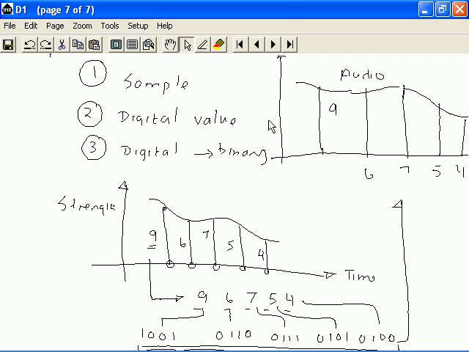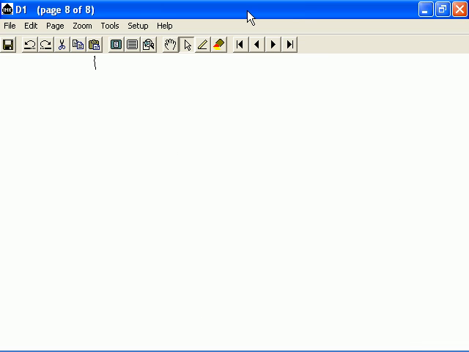The technique that was explained right now is known as PCM. The essential features of the technique are as follows. The PCM technique, that stands for pulse code modulation, has 3 steps.